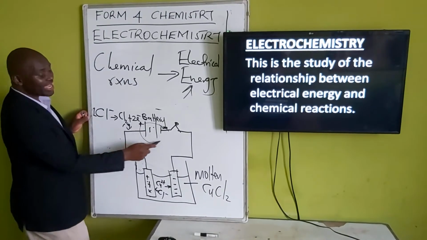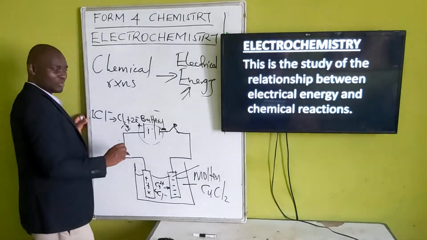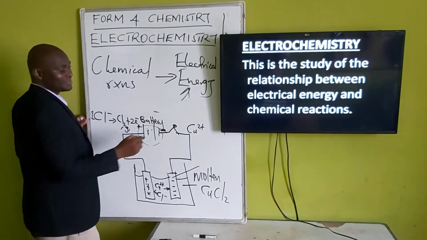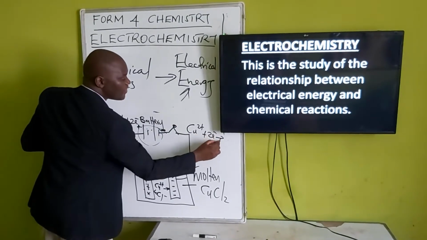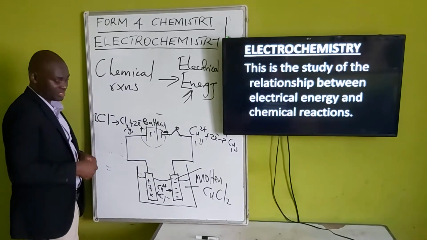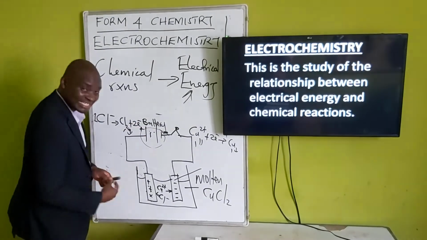It is the electrical energy from the dry cell here. Then on this side again, when the circuit is closed, the copper 2 ions will gain electrons to form copper. So what has brought that chemical reaction? It is actually the flow of electric current.